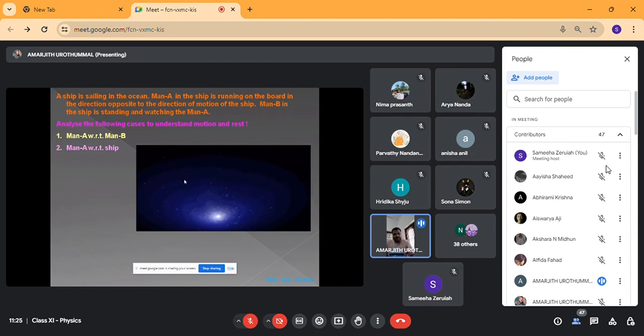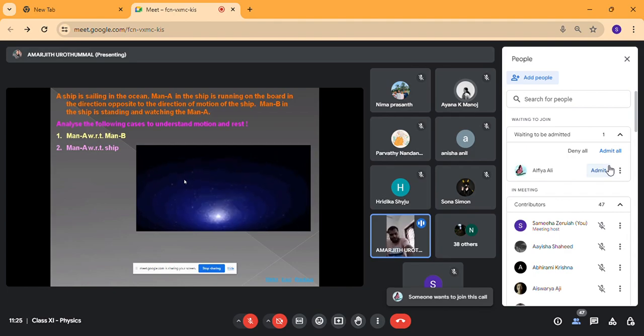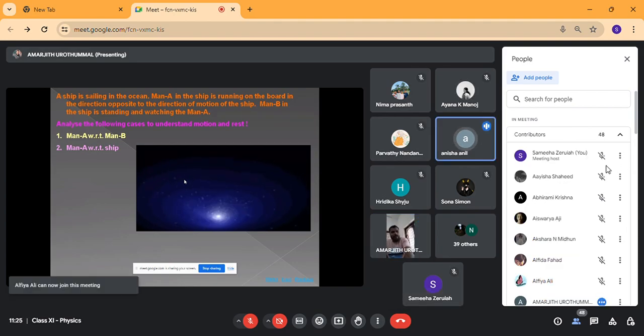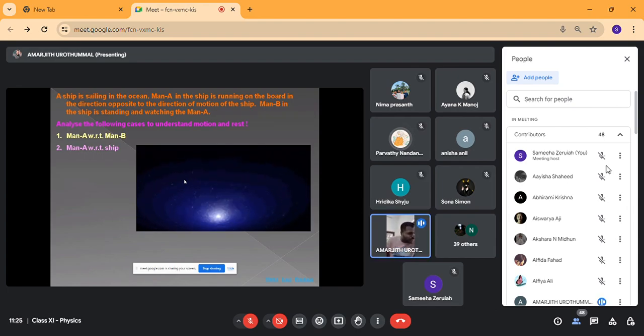Remaining 40 people are keeping silence. Anisha, what is your answer? Motion. Parvati? Motion, sir. Okay, so it is as simple as that. It is in motion, no doubt, because compared to the ship's board, the man is running. So it will be motion.